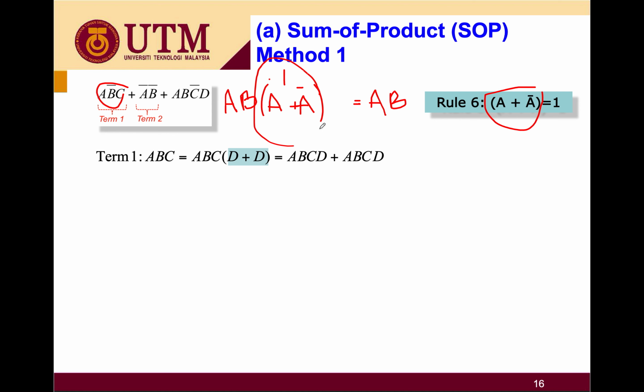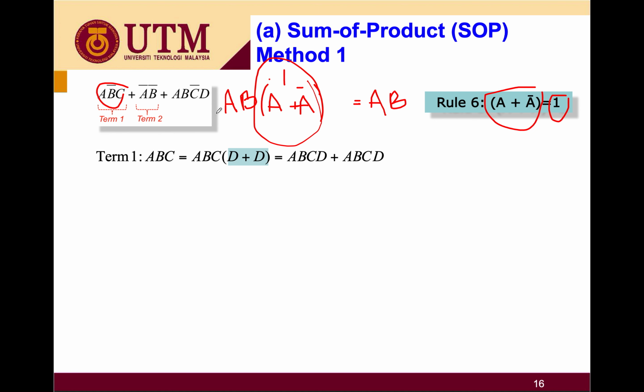Because this one is 1. So I repeat, A plus A bar equals 1. Sorry, A plus A bar equals 1. This means you will add over here any variable, not number, variables, as long as the variables are not complete here.